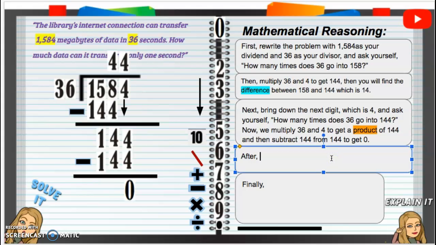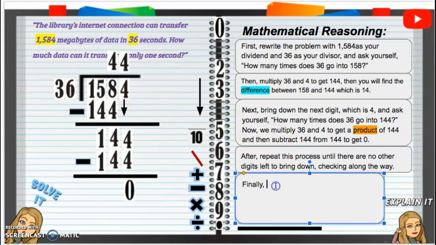All right, after, we repeat this process until there are no other digits left to bring down, checking along the way. In our case here, we didn't have any more to bring down, so we're down to our last step.